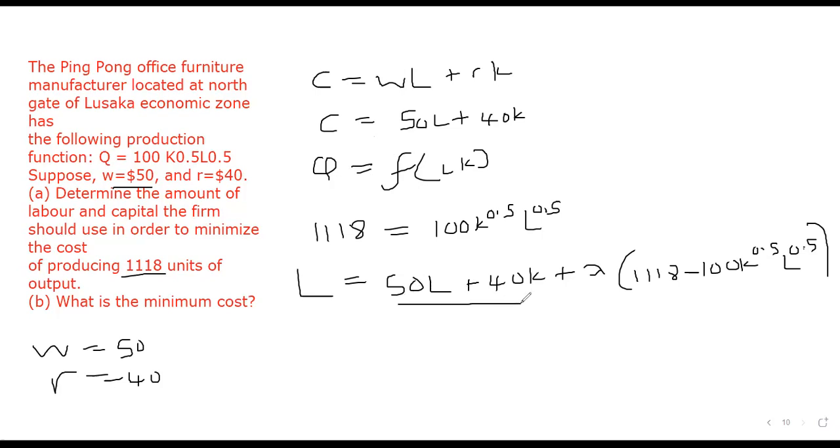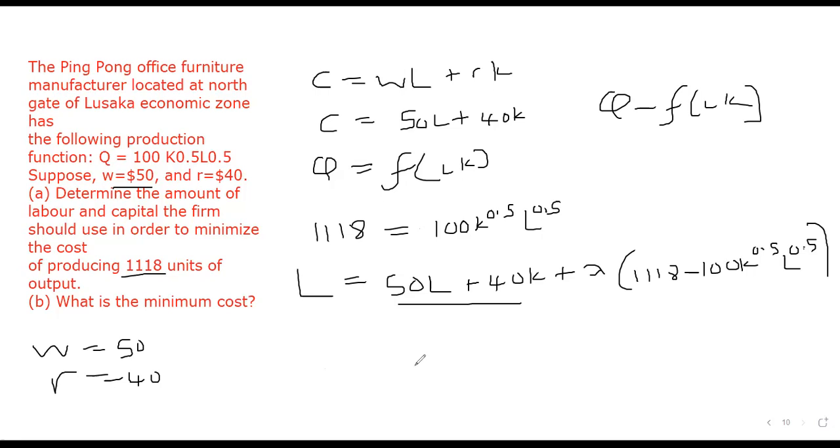Here we just bring this one there, Q minus our function in terms of labor and capital. So the units that we have here is 1118. Then the function, when it comes inside, you subtract: 100 L half and K half.